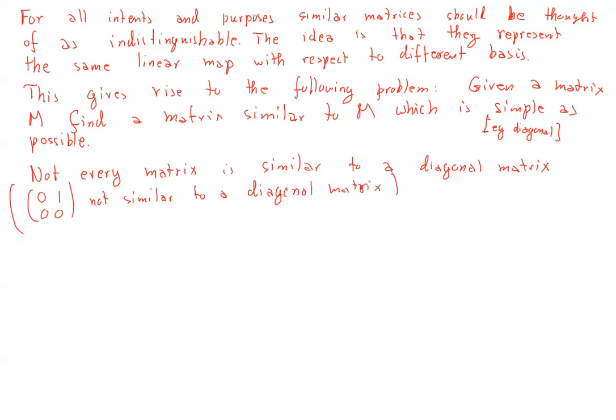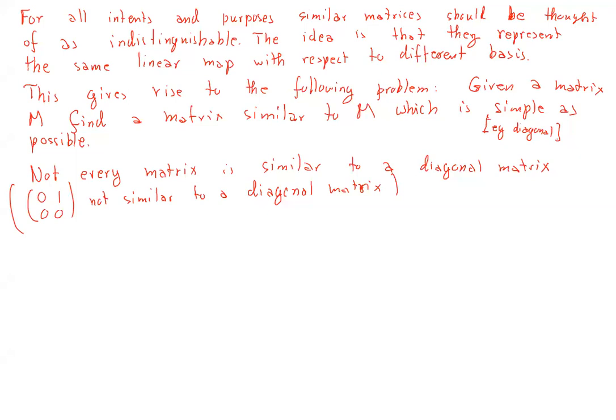Okay, so then you start relaxing the conditions and you ask, what is the next best thing after a diagonal matrix? And the answer is a triangular matrix, upper triangular or lower triangular, that sometimes does not matter.